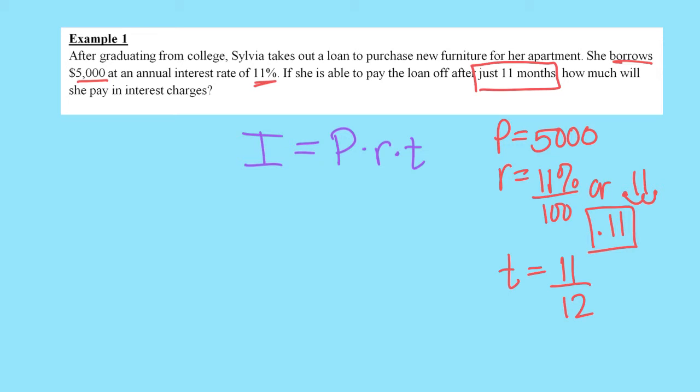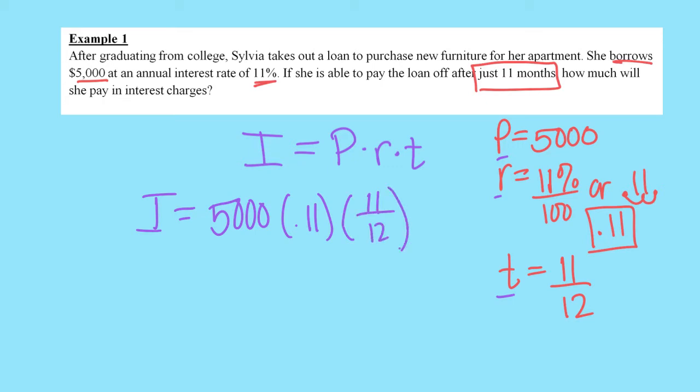Now that we have P, R, and T, we substitute those into our formula. So interest equals 5,000 times 0.11, which is our percent converted, times 11 over 12. And this can go right into your calculator. Check it out, type it in, pause the video for a second.